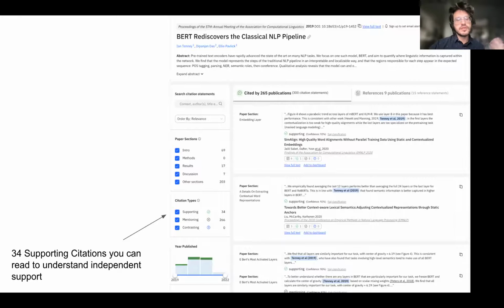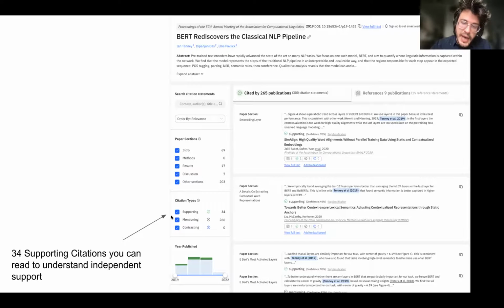And you can use those for support. You could say something in your manuscript like this claim, and then the citation for where the claim is from, and then you can say, which was independently supported by a sample of these, or something like that.